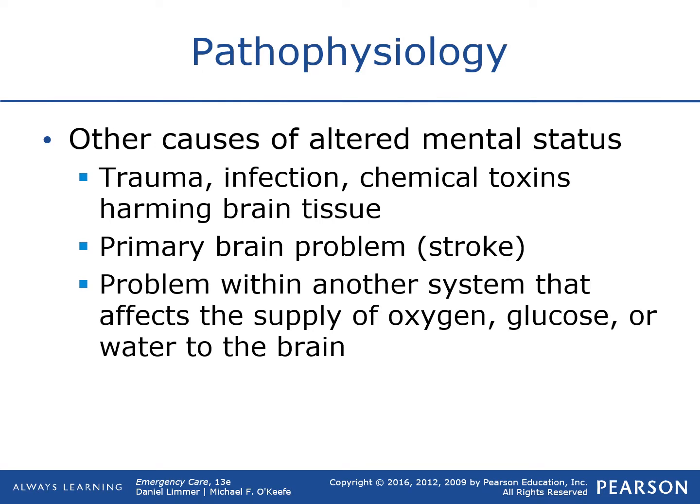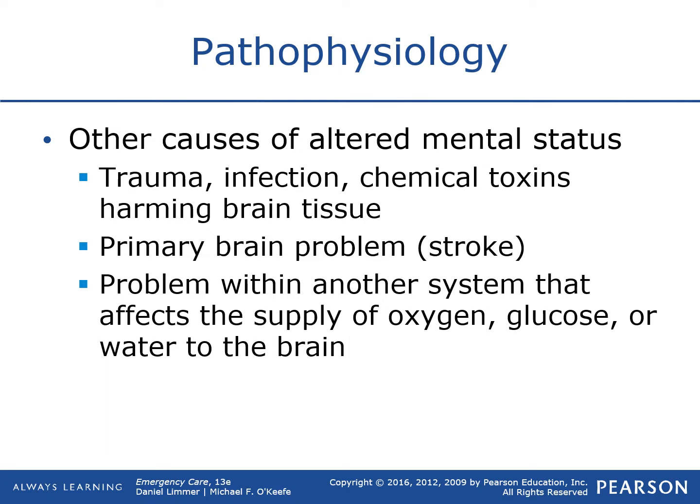So there are several other things that will cause altered mentation, but if you boil it down, any change in one of these things will cause a change in the supply of oxygen, glucose, or water. So trauma, so if you have a trauma and you're bleeding, you can't get proper blood to your brain, or if your brain is swelling, that can cut off blood flow.